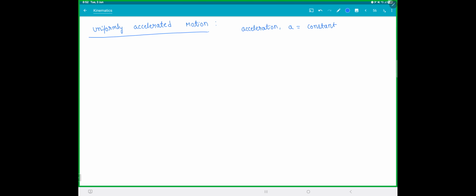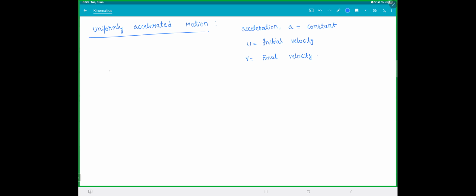Right? So u is your initial velocity. V is your final velocity, or velocity at time t.